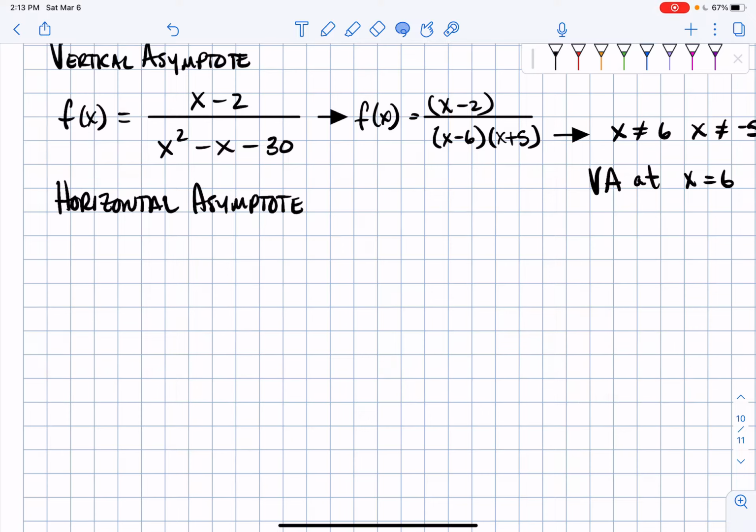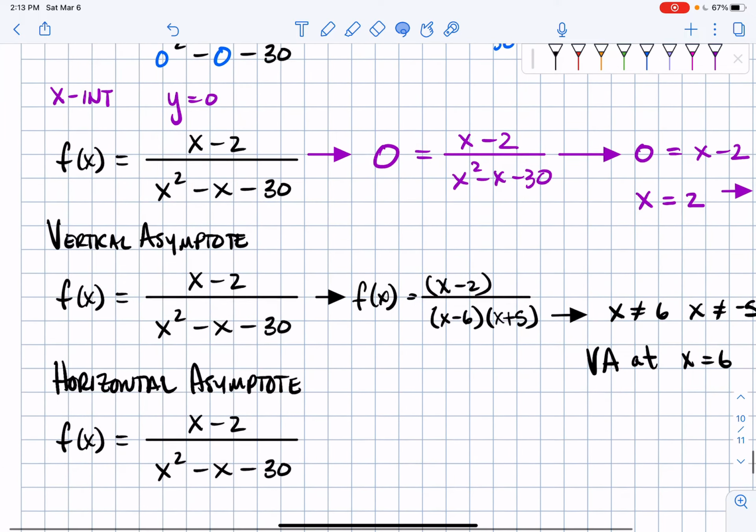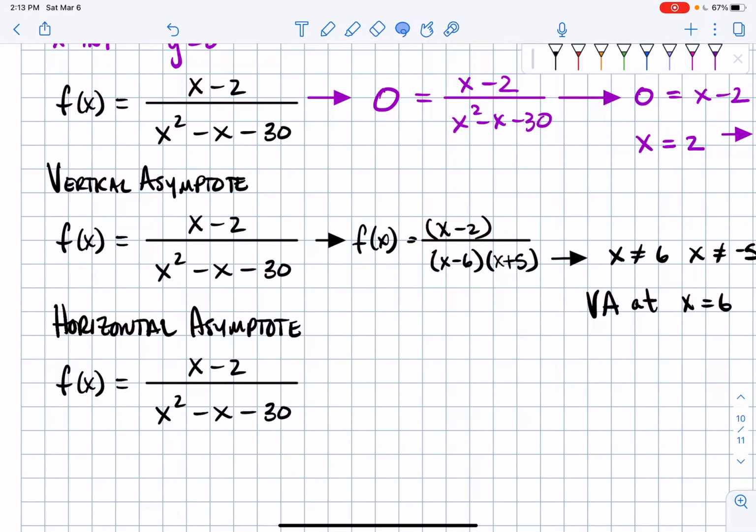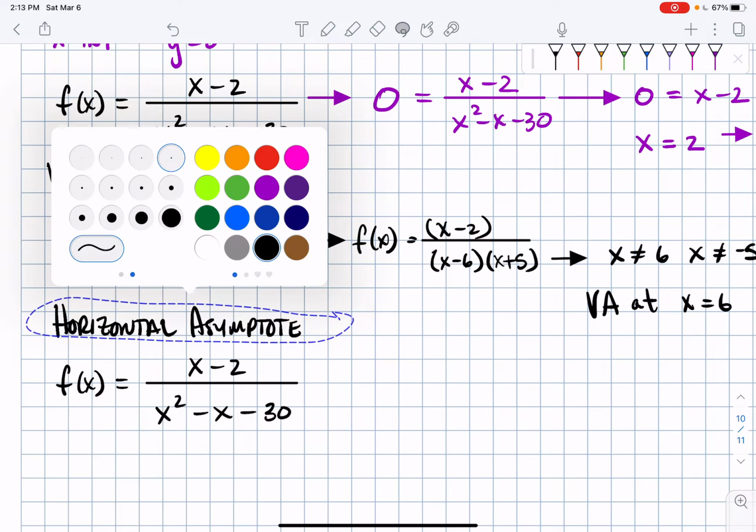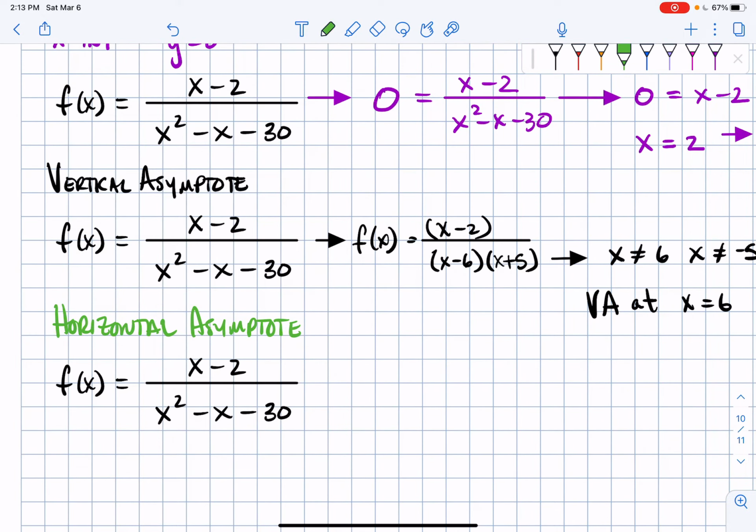For a horizontal asymptote, I'm comparing the power on top with the power on the bottom. Oh, that's supposed to be all green. At least this part is. So let's change that to green and pick my green marker here.